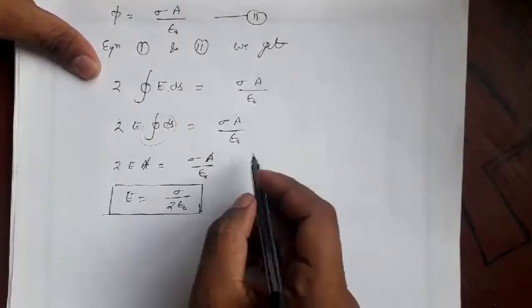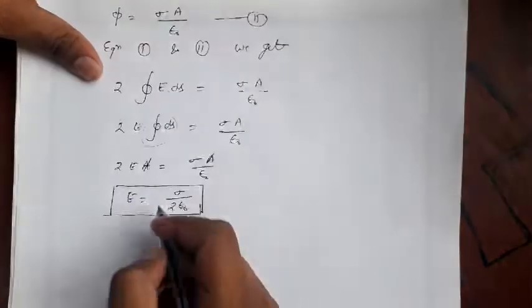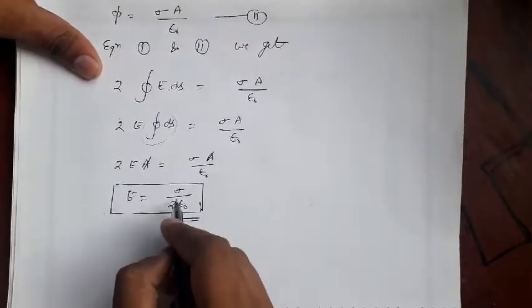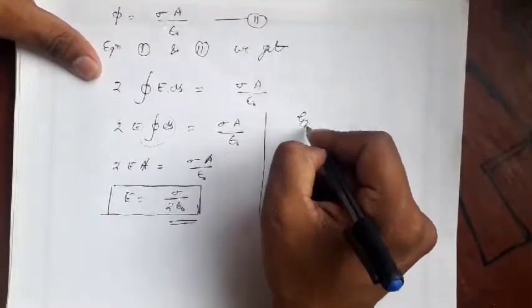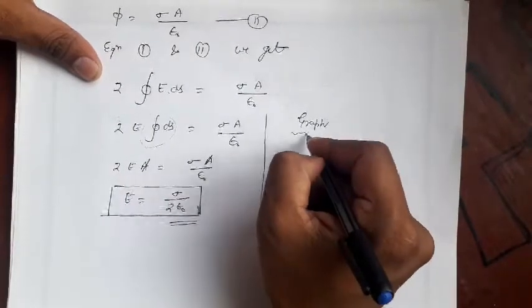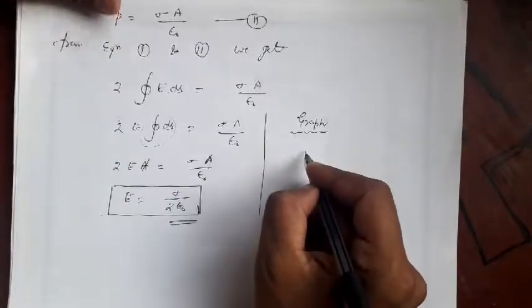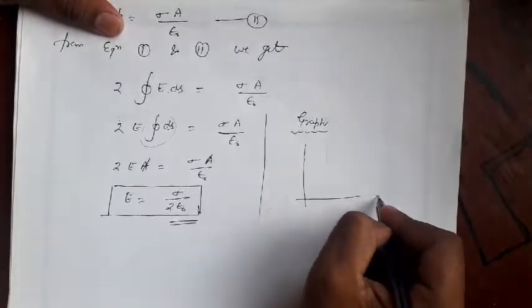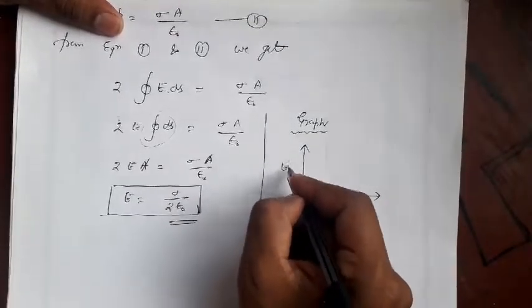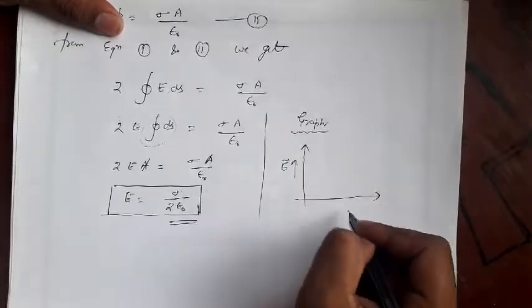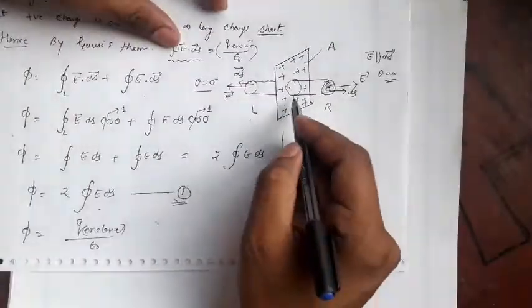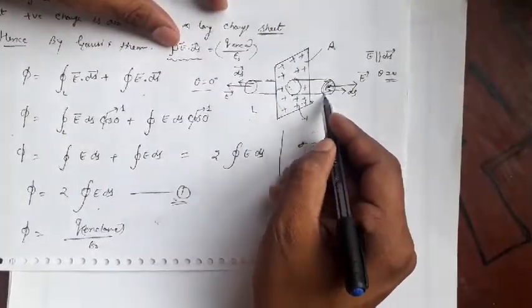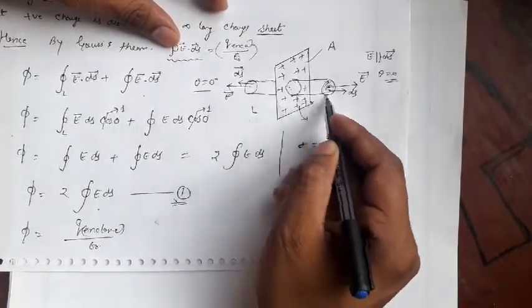Hence we can say that due to the plane sheet, the electric field will be sigma upon 2 epsilon naught. And if they ask for the graph representation, graph of electric field, this is the electric field, and this R is the position from the sheet.